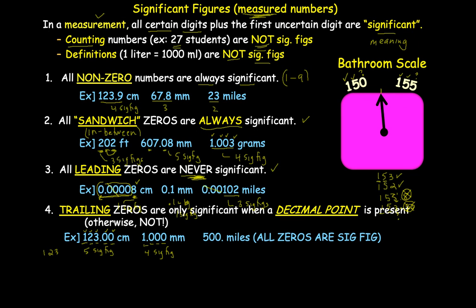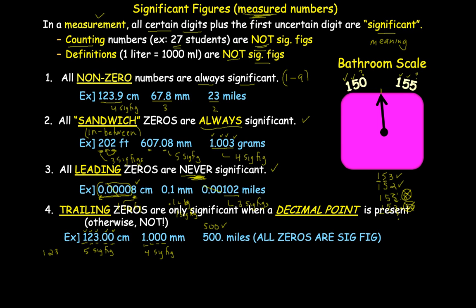Take 500 miles, right? If I said my grandmother lives 500 miles away, is it 500 miles? Is it 502? Is it 503? If I just say 500, I'm not giving you a very good measurement.